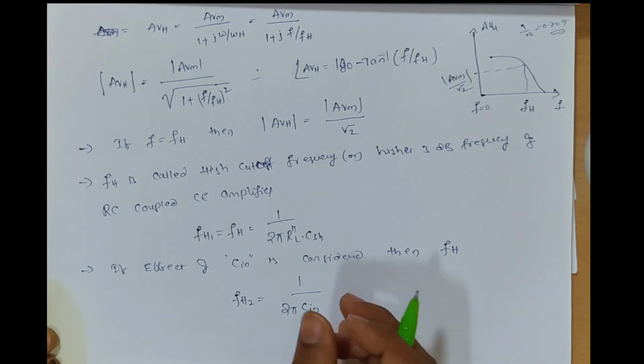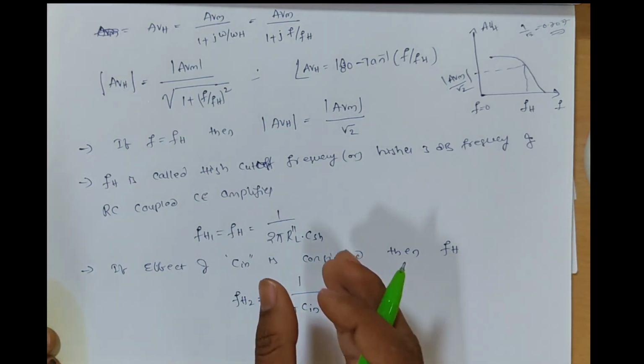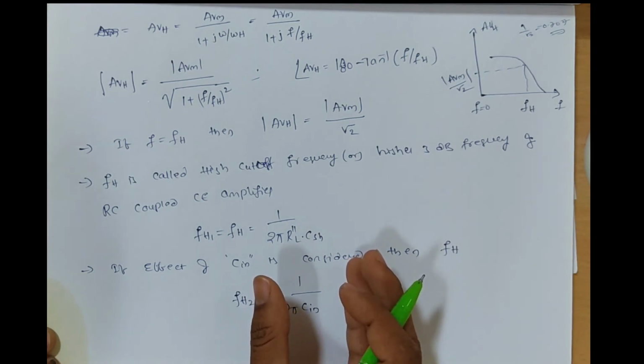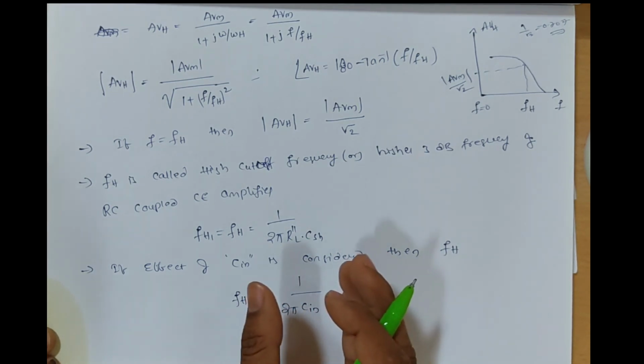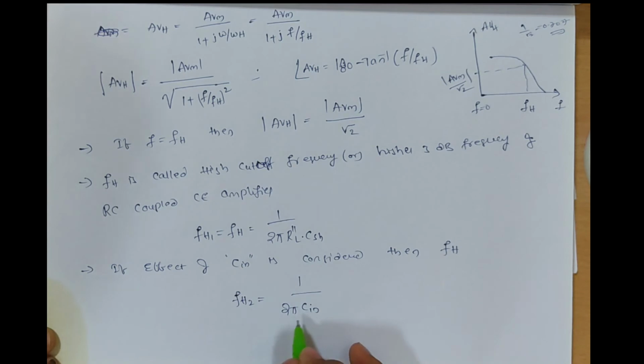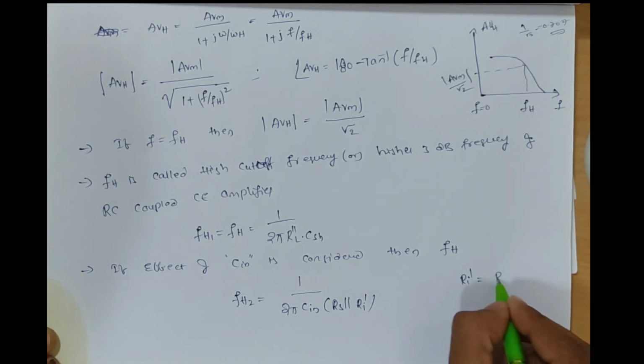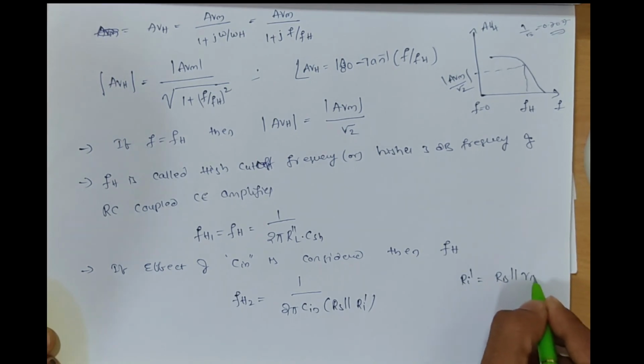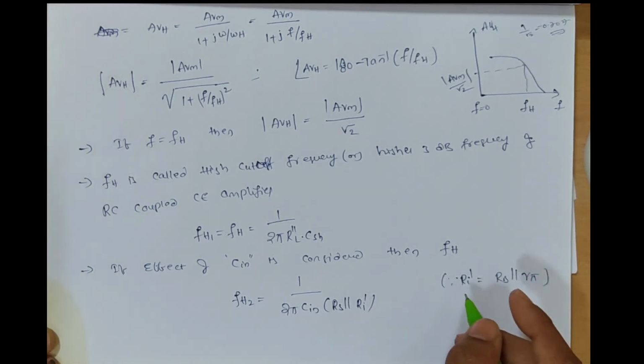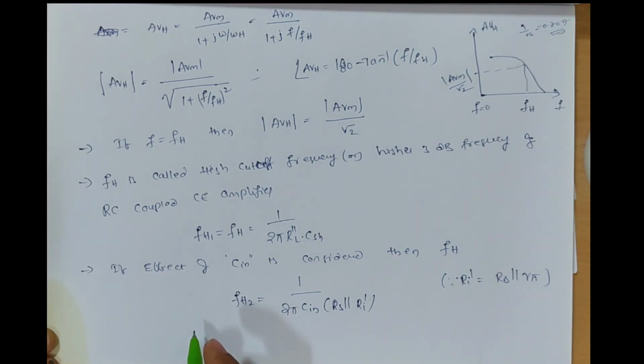Because when you write the equivalent capacitance using Miller's theorem, we write C in. So FH2 equals 1 by 2 pi C in into RS in parallel with R dash I, where R dash I is RB in parallel with r pi in the hybrid pi model. This is FH2.